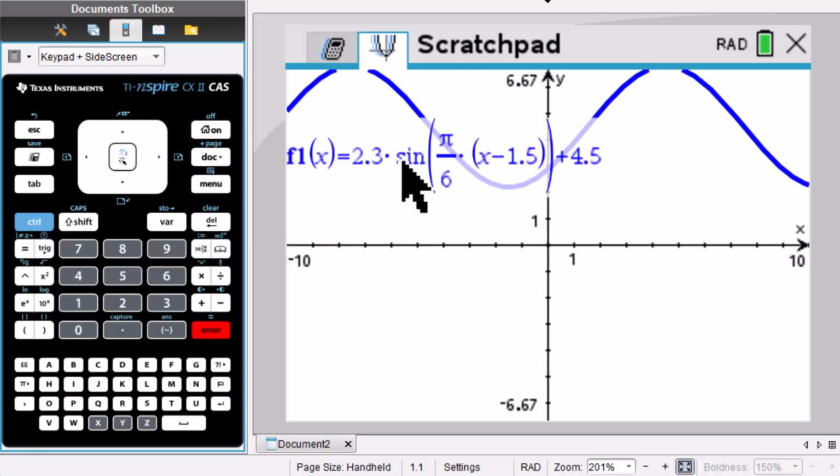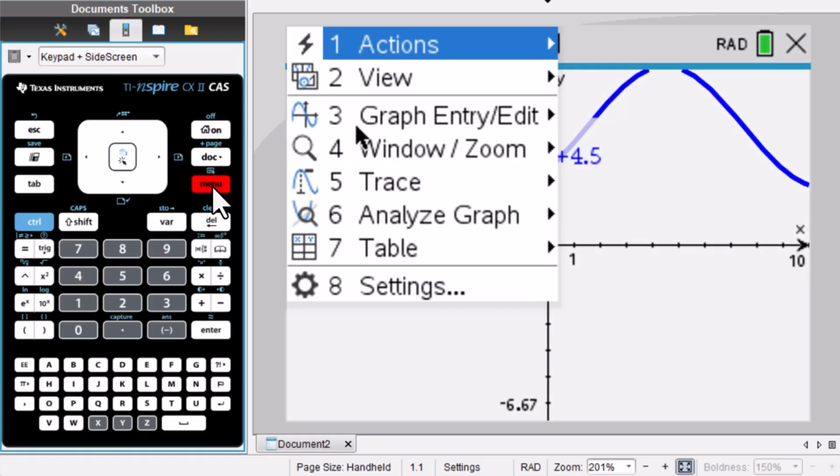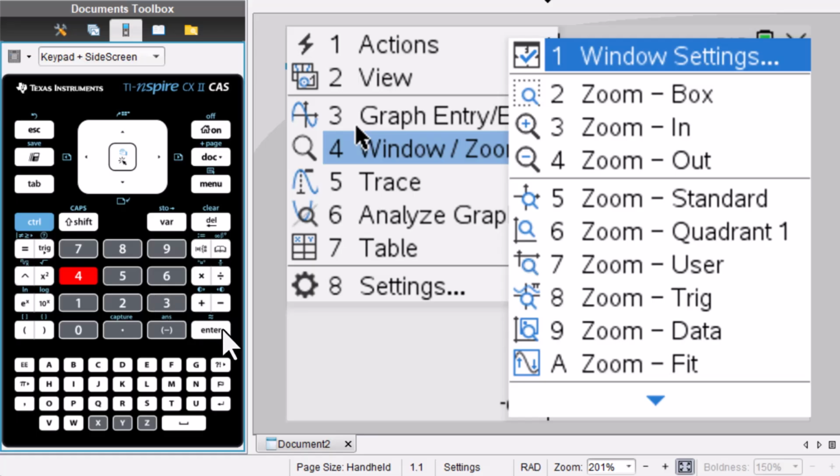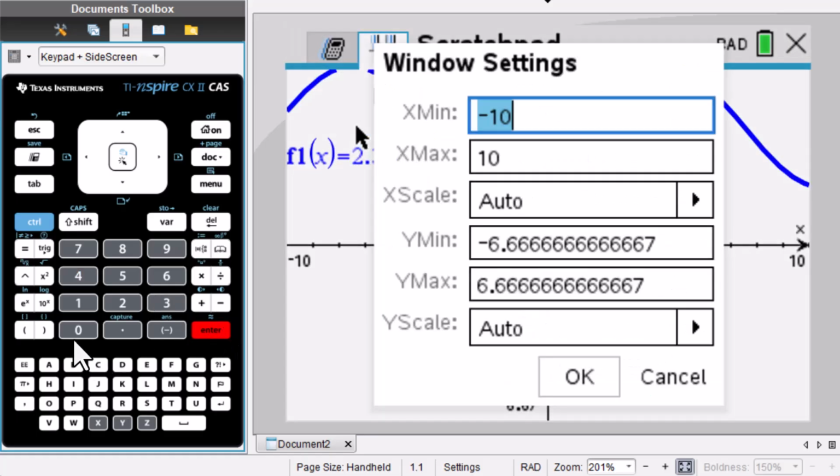Enter. You got this graph. Then based on the information, you will change the window x-axis. It will be from 0 to 24. For y-axis, you can use this 0 to 10. It's good enough. So go back to menu, go to 4, window setting.